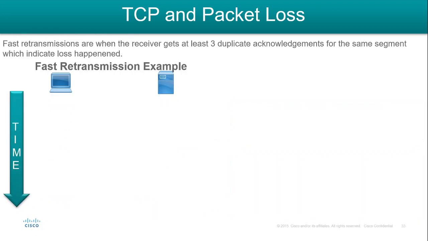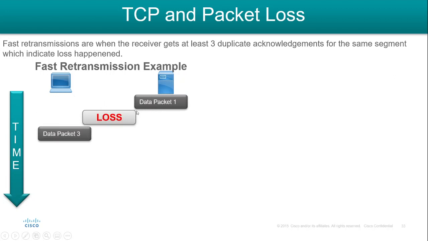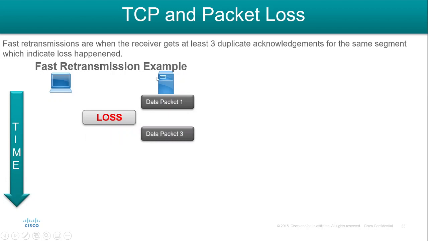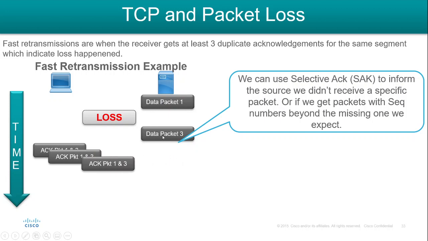Now, the alternative to this, where we actually use the acknowledgement numbers, is what's called the fast retransmission. So, same example. My client is going to start sending some data, but this time, some of the data is lost. The server can send a selective acknowledgement saying, I only got packets 1 and 3, 2 is missing.